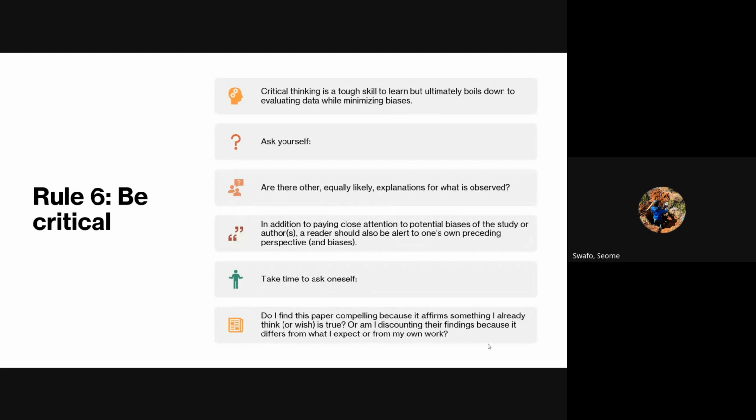You are not just becoming critical for the sake of being critical, but you need to know the facts. Remember, just because people did not do what you think they should have done, it does not necessarily mean they did the wrong things. It might be that whatever is on your mind is not actually the facts.